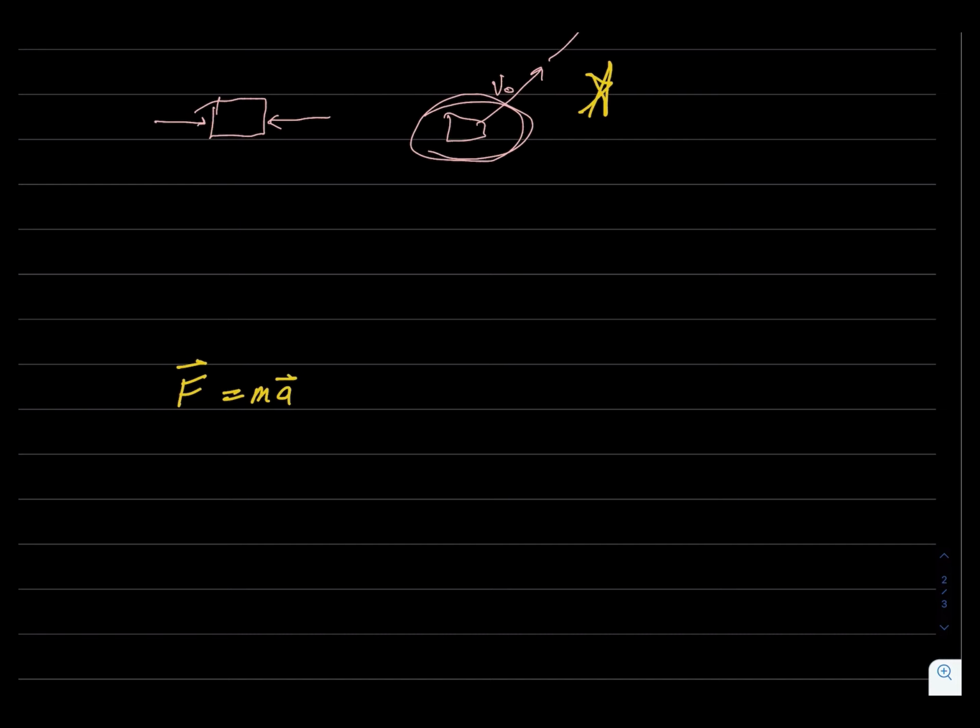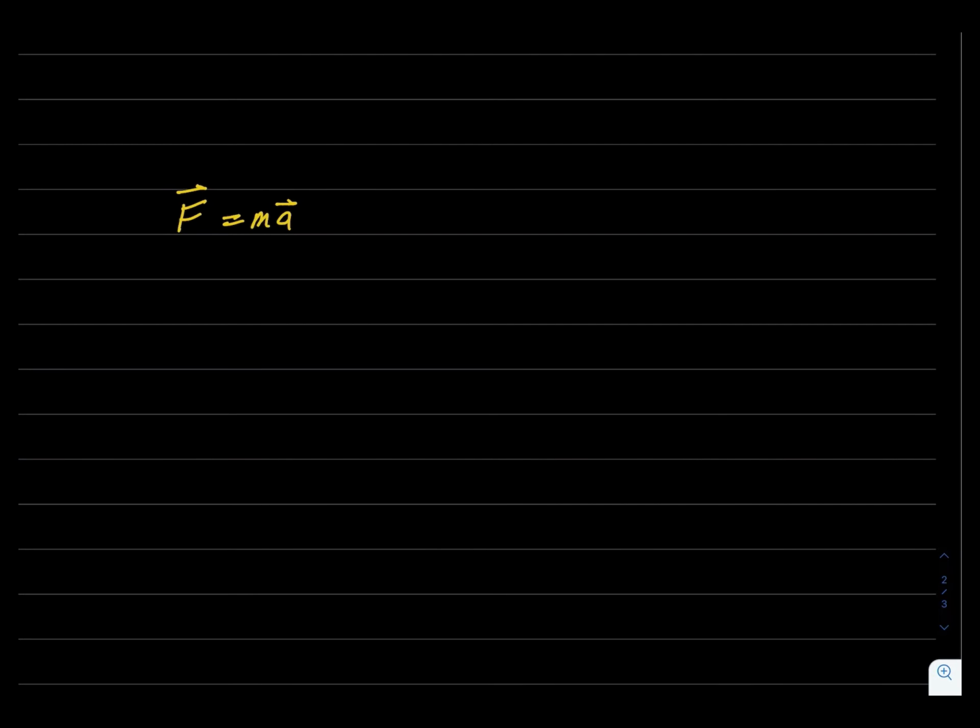And what that means is that the direction of the net force is the same as the direction of the acceleration of the object. The math of this, F equals ma, is usually not complicated in the AP Physics 1 class. You'll be given a body that has certain forces on it, and you'll compute the net force on the object, and that will tell you how to get to the acceleration of the object.